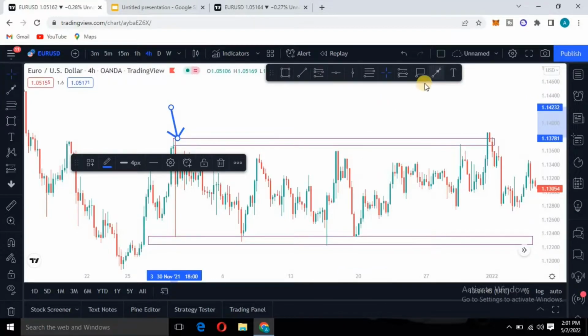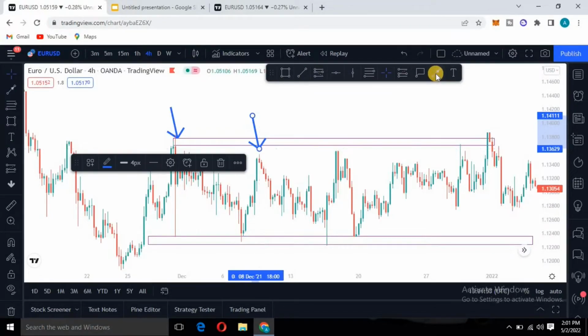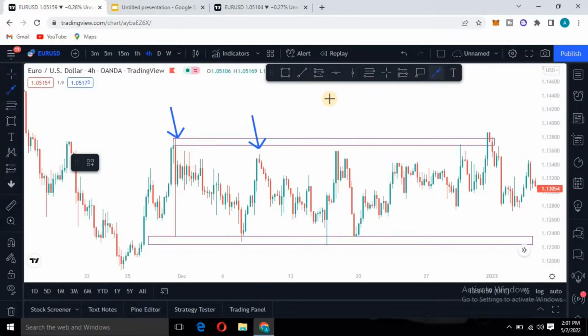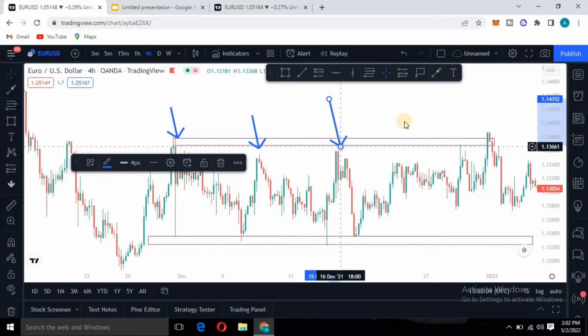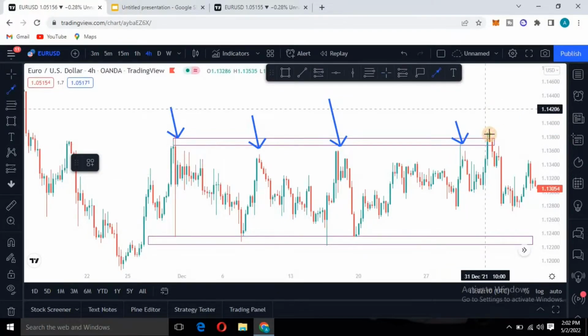We also have resistance here, kind of, although this one didn't reach that much, but it's somehow close. So we have it here. We also have it here. Then the last one, which is this part.